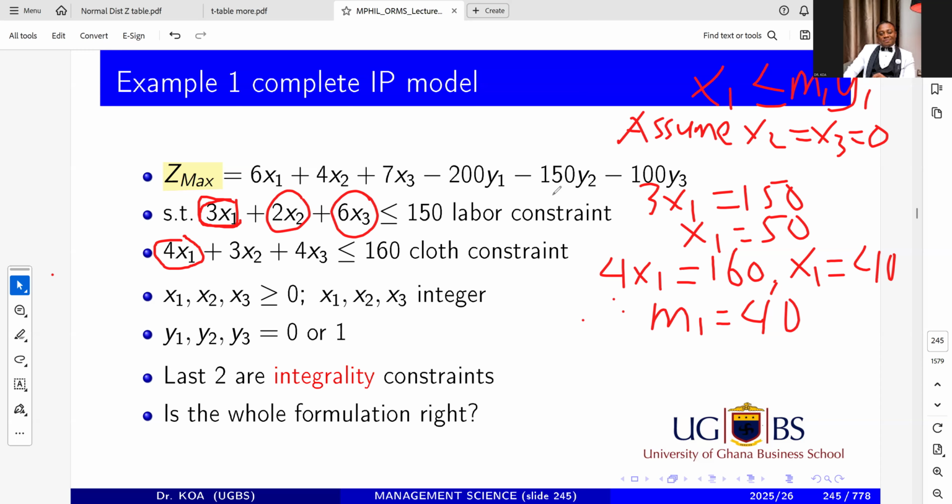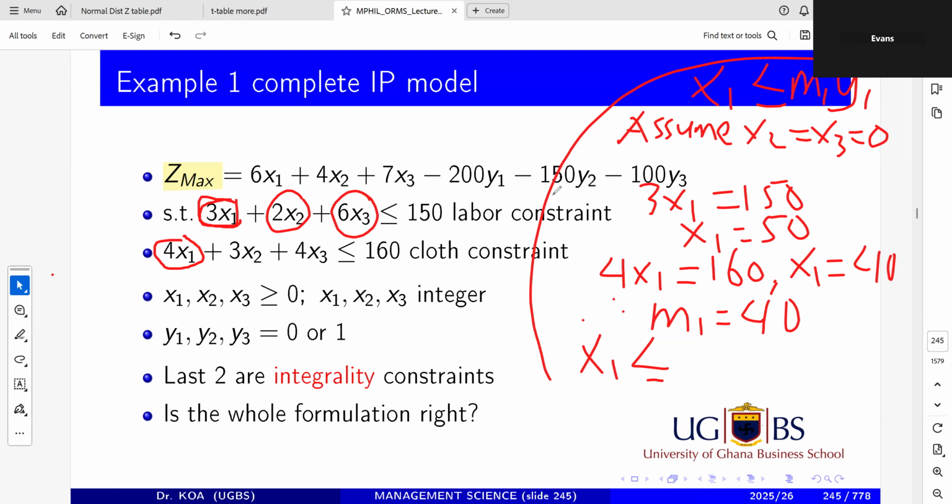So for the first linking constraint, we are going to rather write it as X1 less than or equal to 40. It's not just 40, it's 40 something.